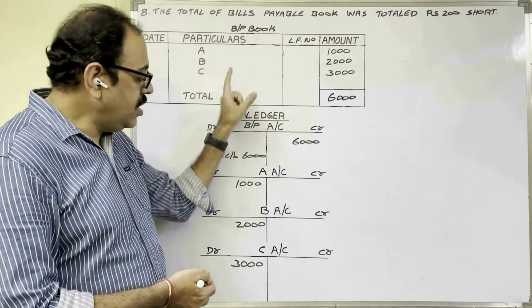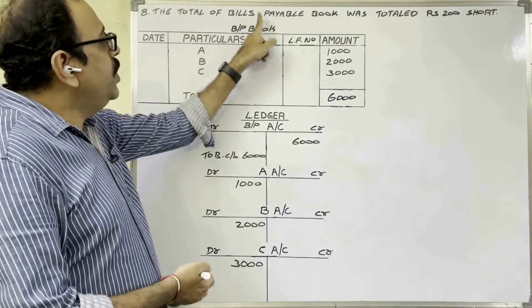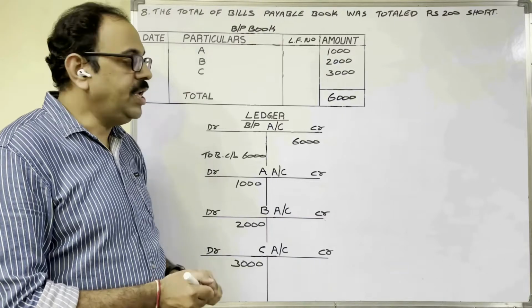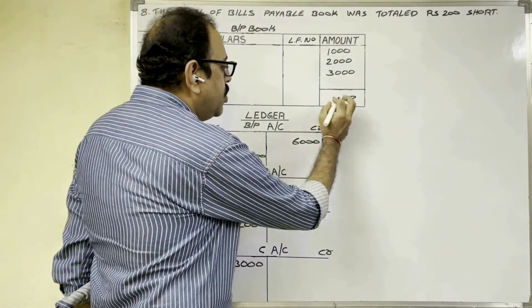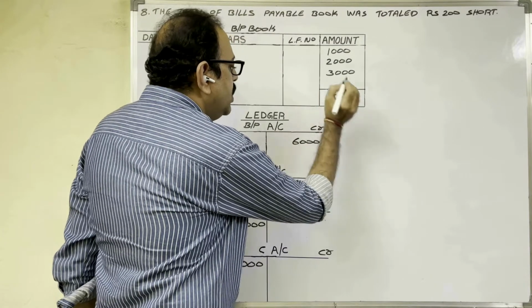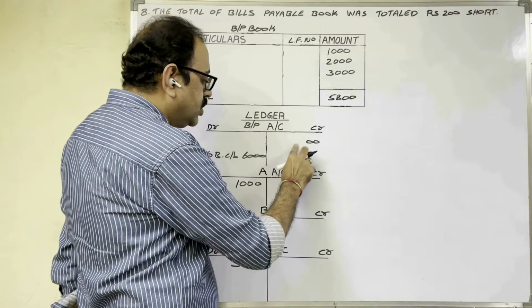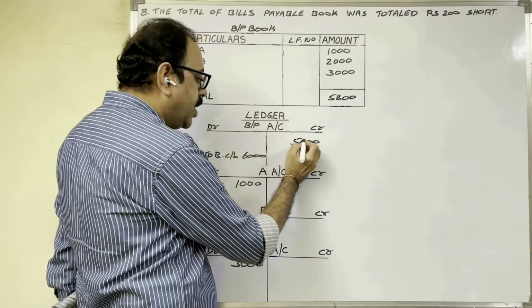Correct recording, correct posting. Now observe the mistake. Bills payable book was total 200 short. Means instead of writing 6,000, accountant wrote 5,800 rupees. Then this wrong amount was posted on credit side of bills payable account.